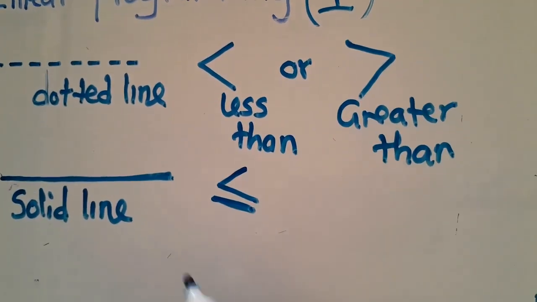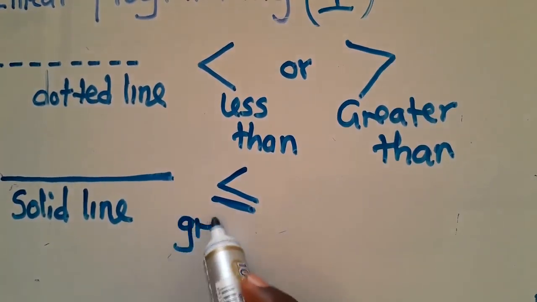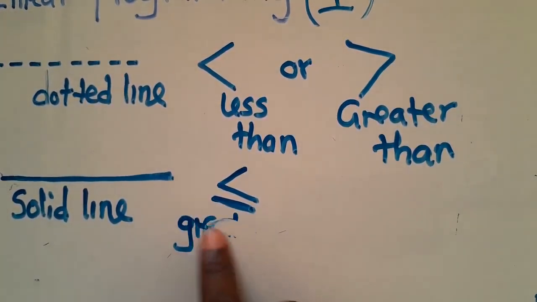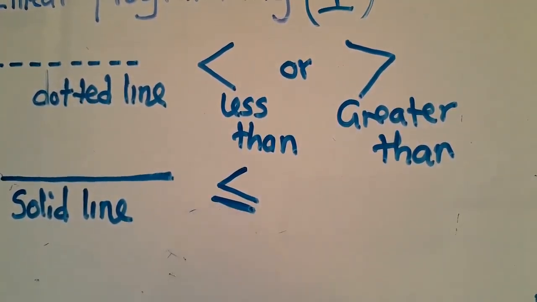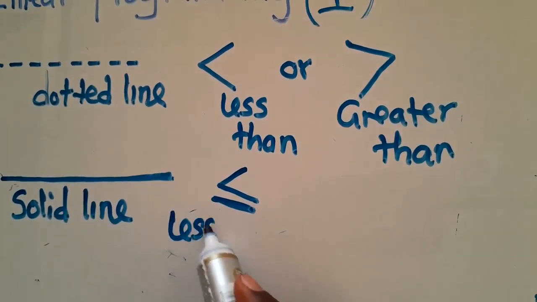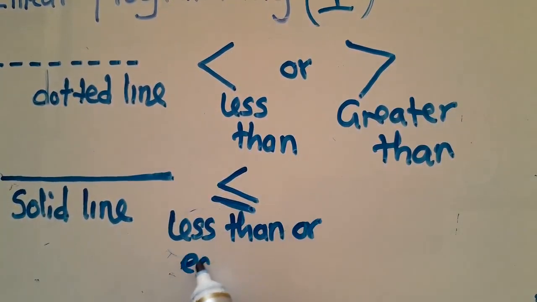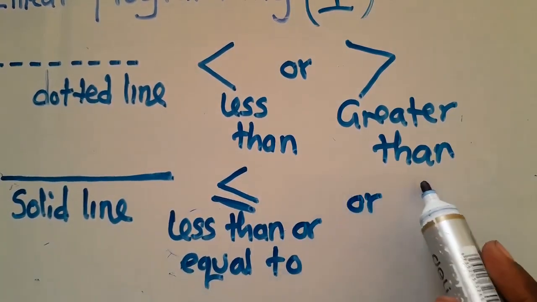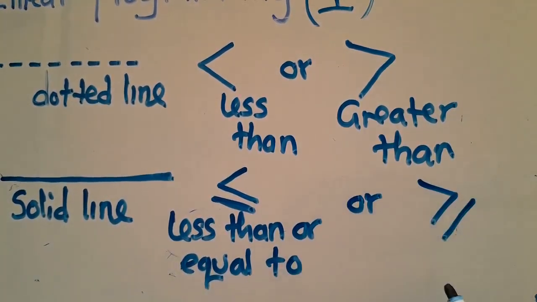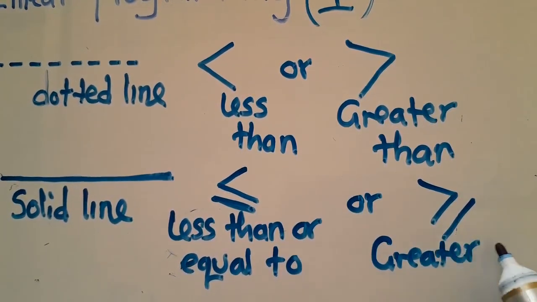What is the name of this inequality? This is greater than, this is less than. This inequality is less than or equal to. Then we've got this other inequality. This is greater than or equal to.